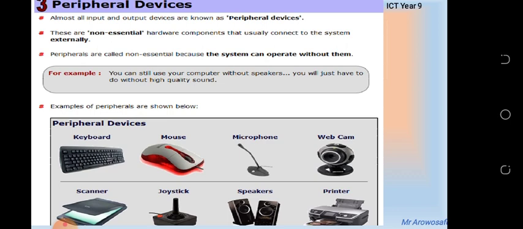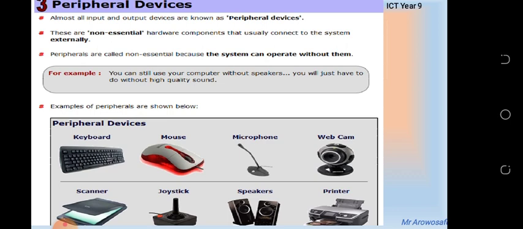Peripherals are called non-essential because the system can operate without them. You can still be working on your system without connecting any peripheral devices externally. So that is why we classify them as peripheral devices, because they are all non-essential hardware components.